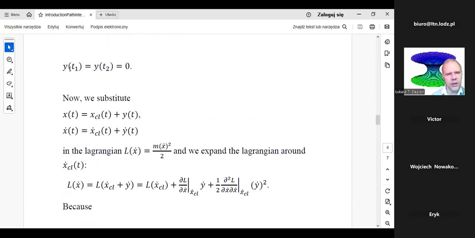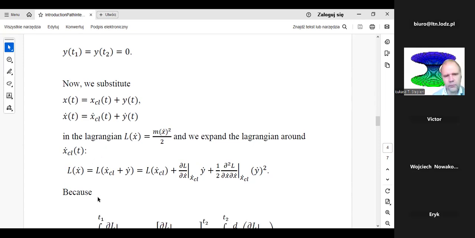We impose initial conditions for the deviation as follows, and we substitute these relations, the relation between x classical and y and their derivatives, into the Lagrangian L. And next we expand the Lagrangian around the derivative of classical path.